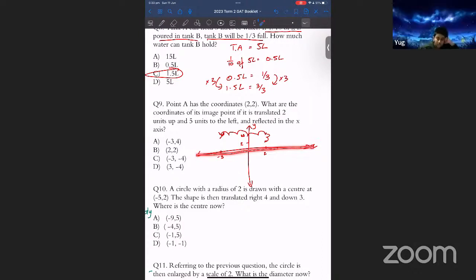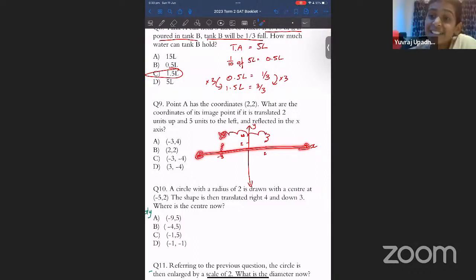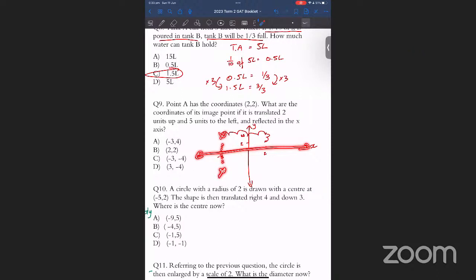You paint on one half of the paper, you fold it, and whatever you paint on this side will automatically show up here, an exact mirror image. So when you reflect across the x-axis, this x will travel all the way down to the mirror image of this. Do you understand?